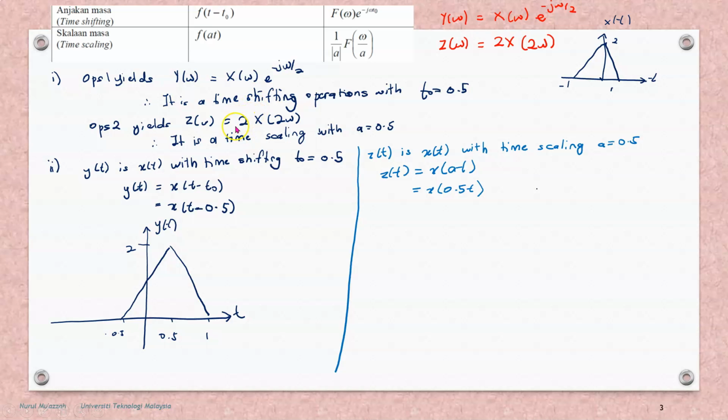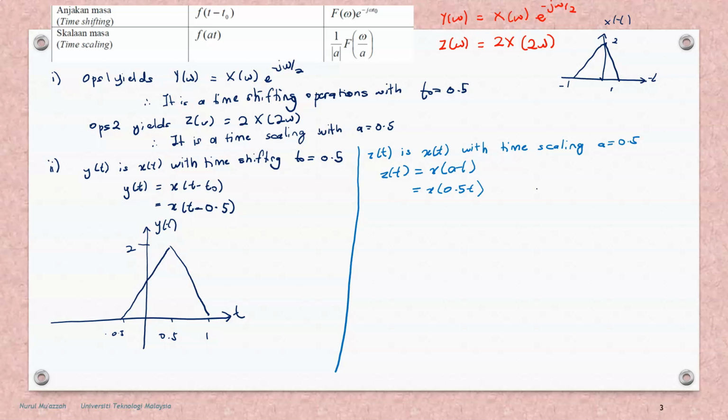Even though there is an amplitude scaling here, this is basically from the time scaling in the time domain, because when a is equal to 0.5, 1 divided by 0.5 gives 2. From the original signal, you can plot z(t), which is time scaling of 0.5.